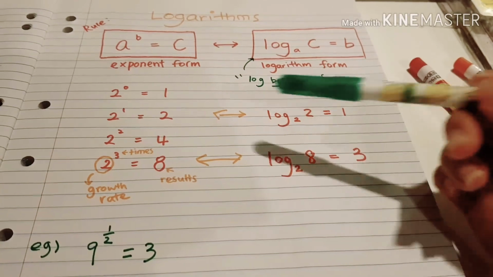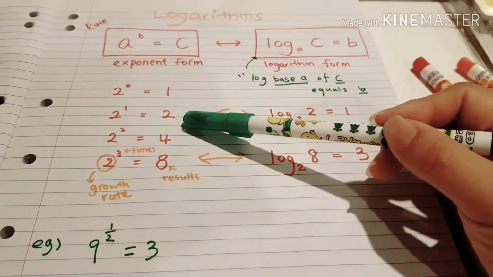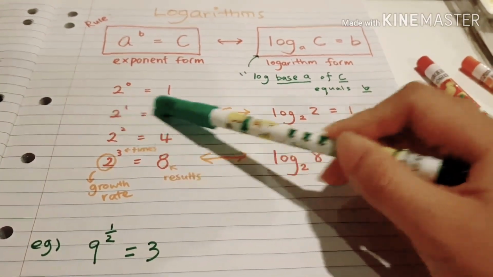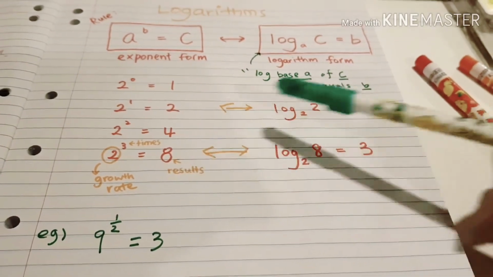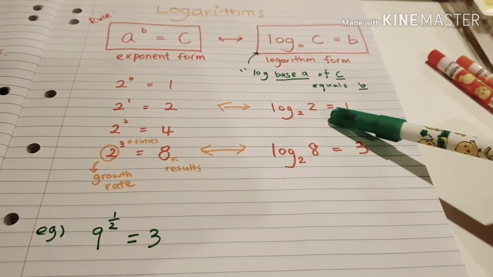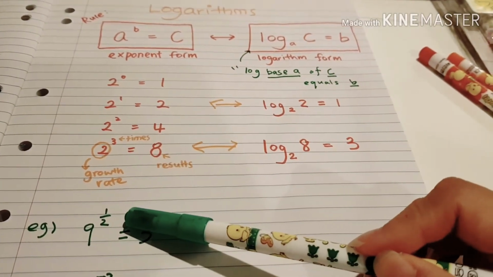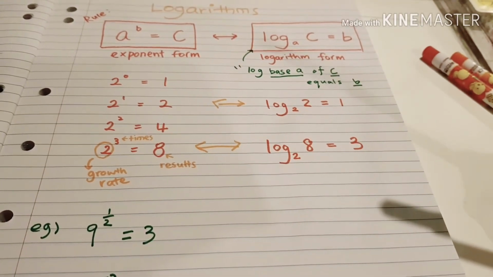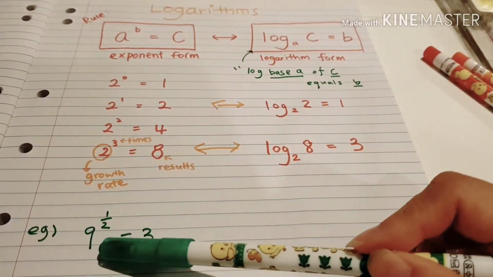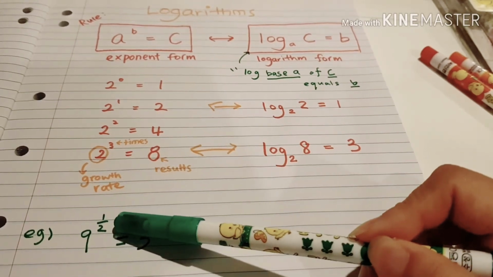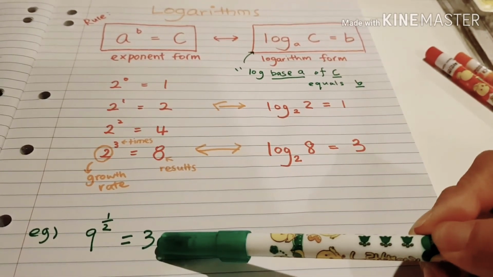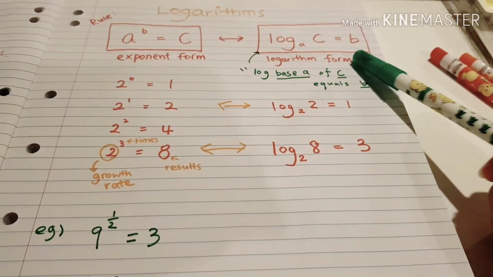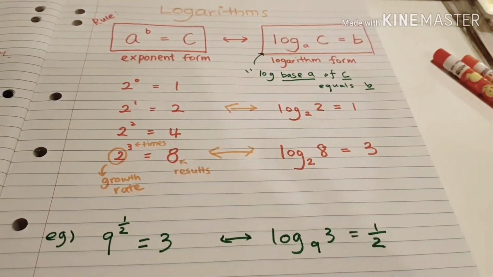So we have done examples of these simple ones, changing back to logarithm forms. Now have a go at the fraction one. Would it be the same? Yeah, because 9 is a, b is a half, and c is 3. So you just apply it to this form. Have a go.